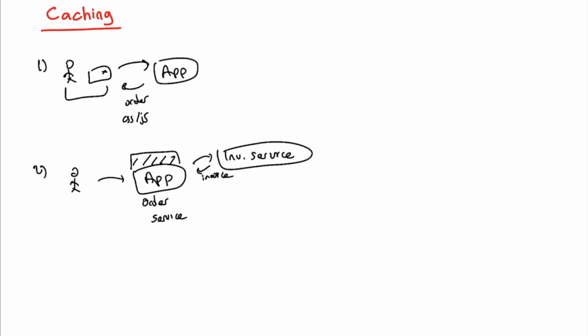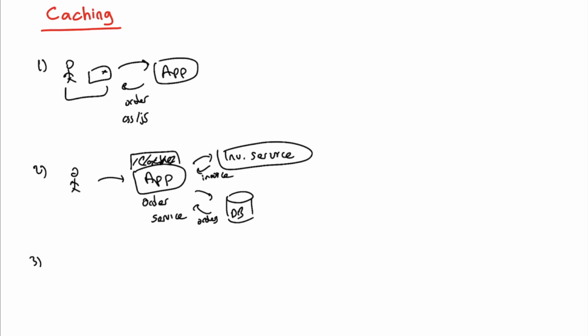Or maybe instead of calling invoice service, it's calling its own database and getting back the orders. Again, that information can be stored in this cache, which is host level cache here for this application server. And when next time client calls and tries to get list of orders or some kind of invoice, now this application server or our order service, it doesn't need to go to invoice service or its database. It can just use the cached value here.